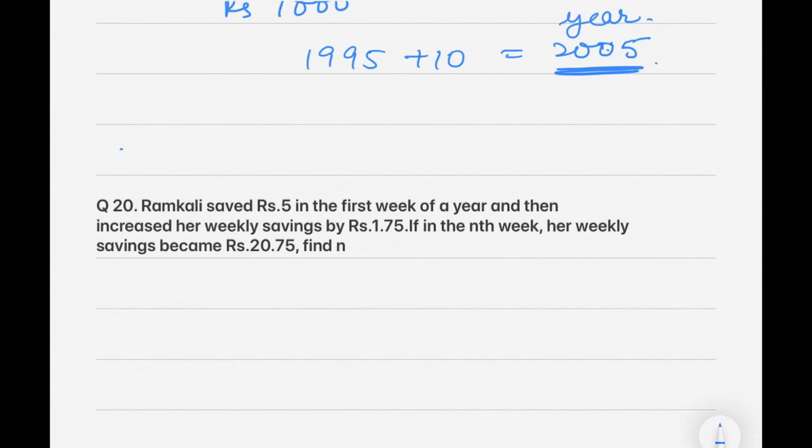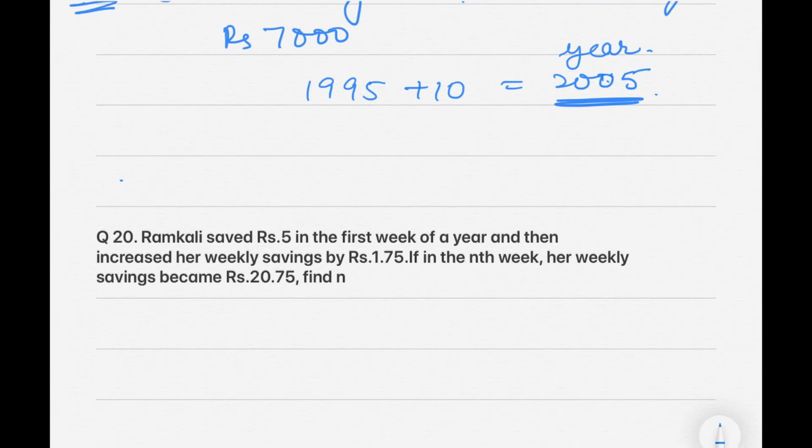Okay guys, now let's move to question number 20. It says Ramkali saved rupees 5 in the first week of a salary and then increased her weekly savings by rupees 1.75. If in the nth week her weekly savings became 20.75, you have to find n. So in how many weeks did her savings become 20.75?